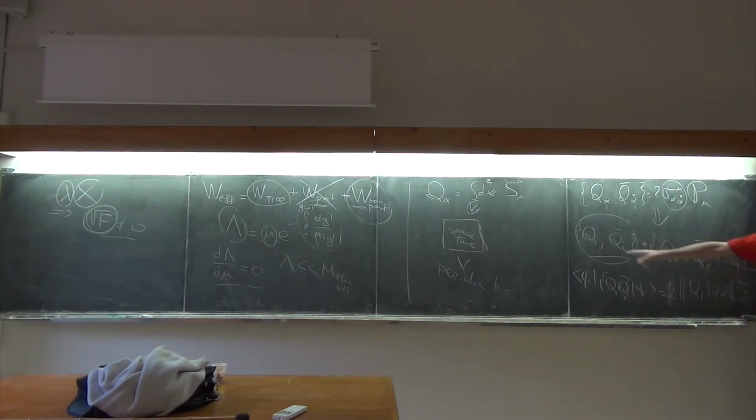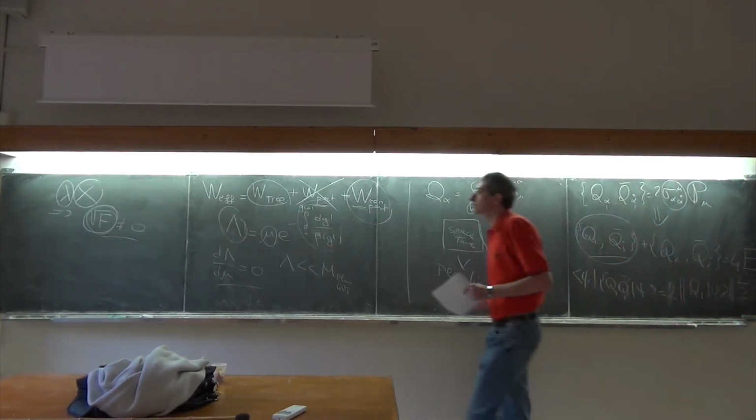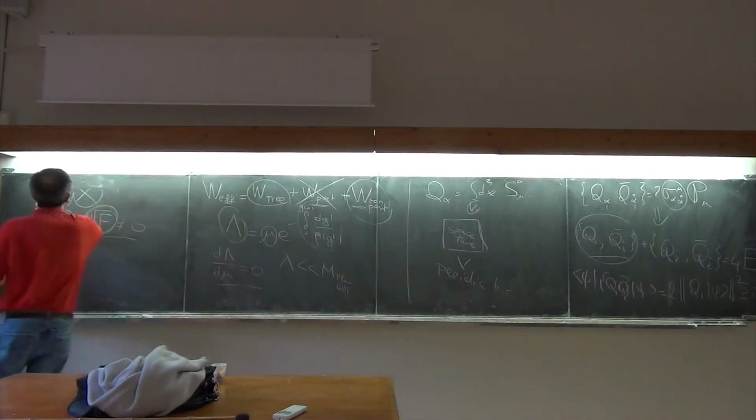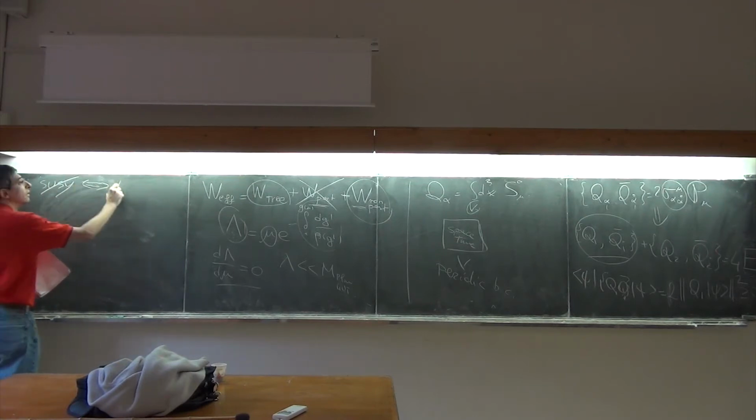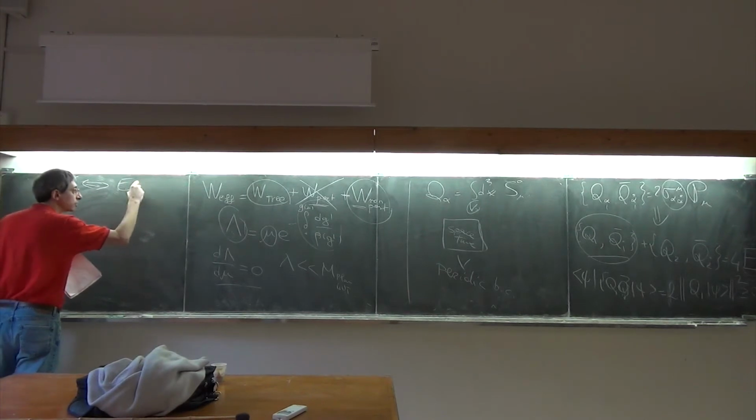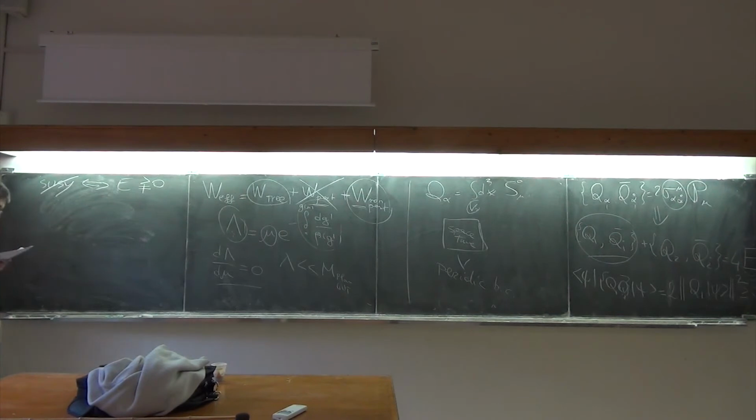If this is non-zero, then one of these Q's did not annihilate the vacuum, or otherwise they're all zero. Okay? So let's say SUSY is broken if and only if that energy is strictly positive. Alright? Good.